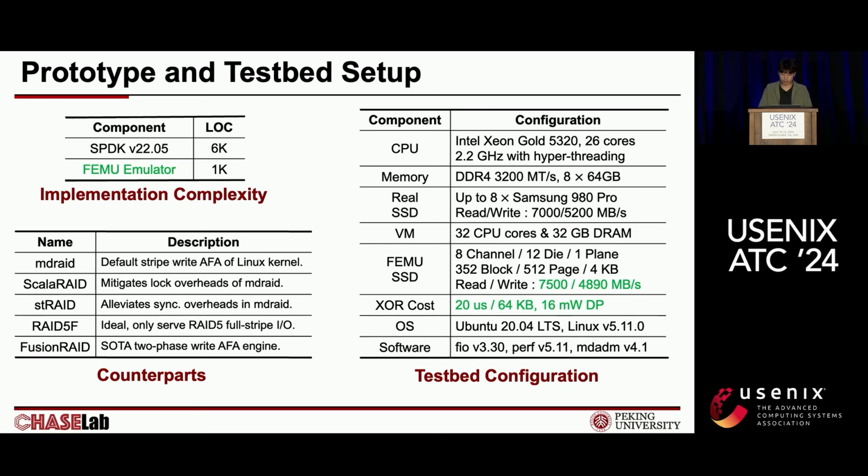It can only serve RAID5 for strip I/O. I mean, the write size must be equal to the strip size, and also it has no crash consistency mechanism. So we consider it the ideal case of a software-only solution. Finally, FusionRAID is a SOTA two-phase-write AF engine.